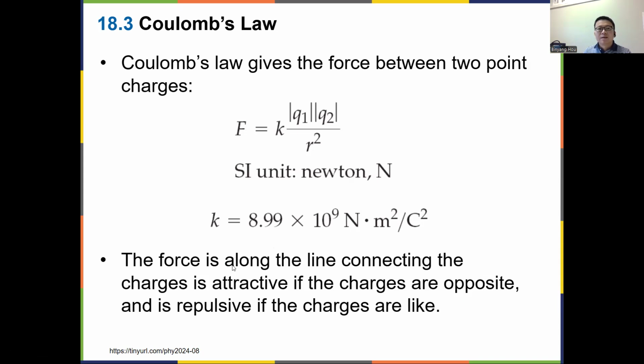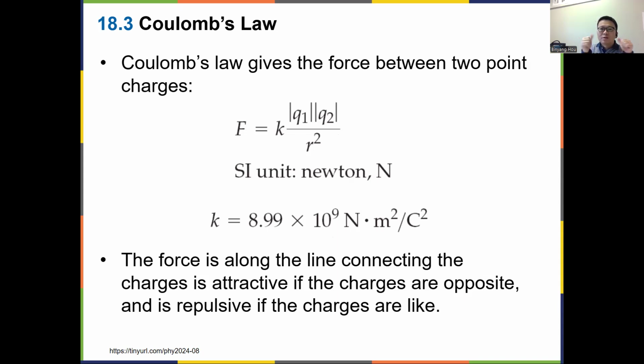So this gives you the magnitude of force. We know force is actually a vector, so it should have a direction. If the two charges are like charges, they will repel each other, so the force on the two charges will be pointing away from each other.